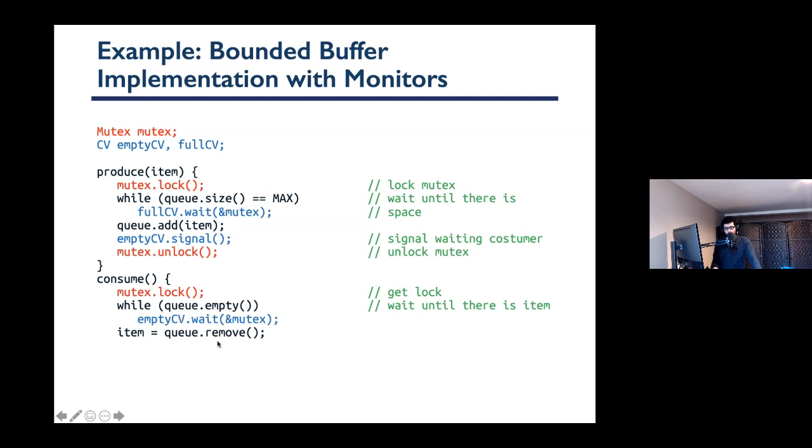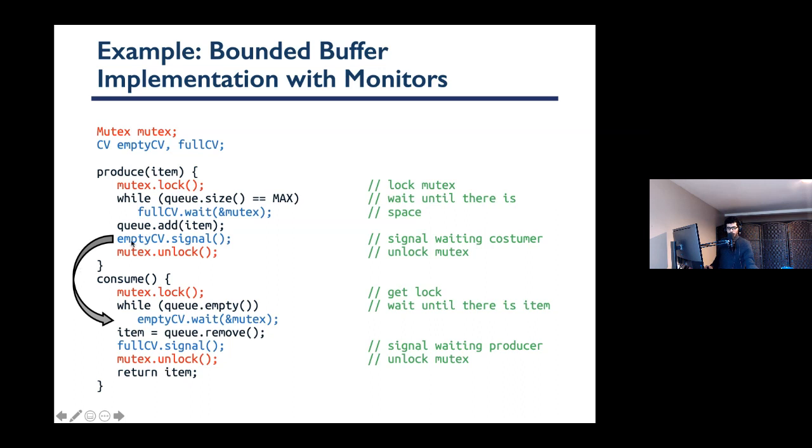The moment I remove, I want to signal the producers. So if any producer is waiting, I will signal them. I will say I have consumed one item, so there is one space for you to put your item if anybody is waiting. And I unlock the mutex, and I return the item. Now that's it. That's the code.